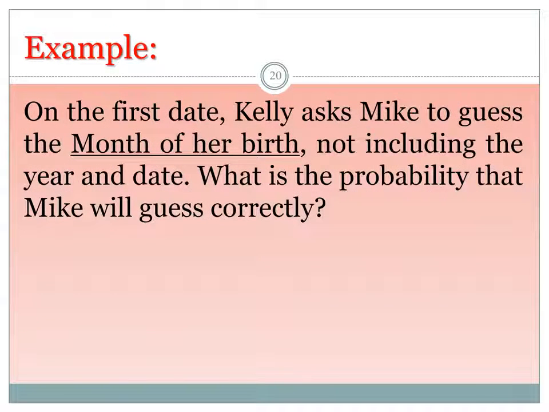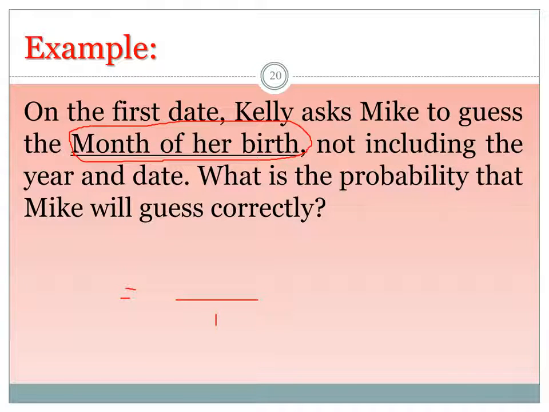Alright, so this is another example. On the first date, Haley asked Mike to guess the month of her birth, not including the year and date. So what's the probability that Mike will guess correctly? In this case, the total possible outcomes are 12.